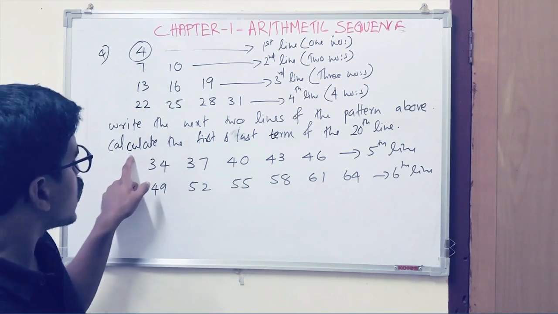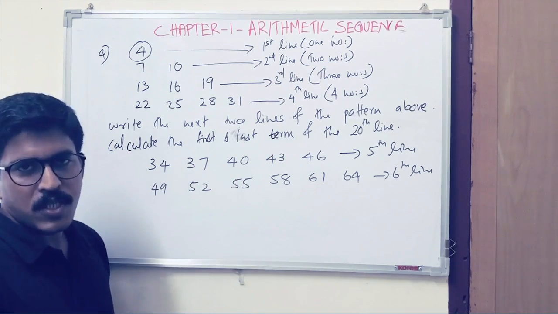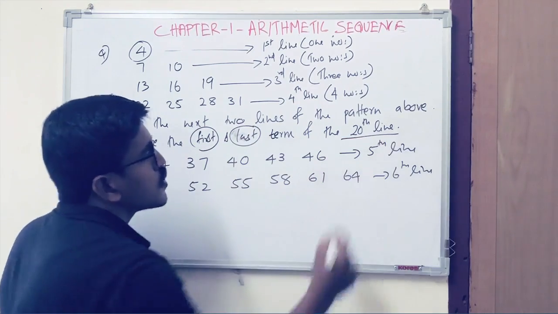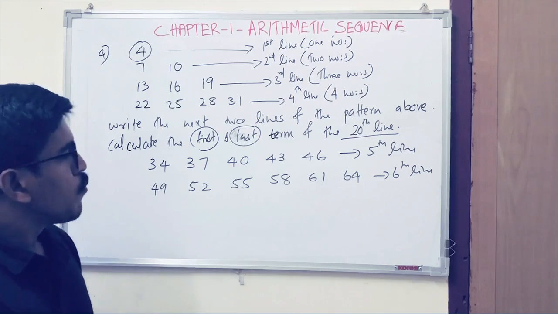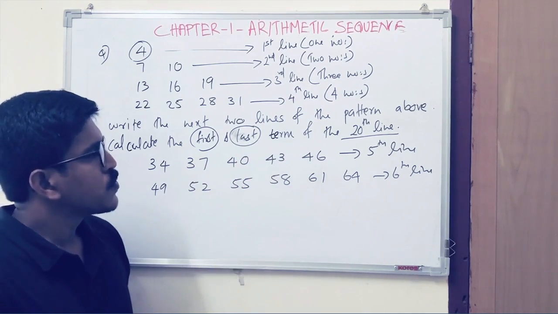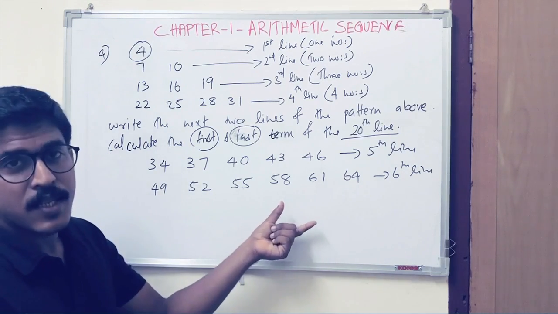Now we are moving on to the next question here. Calculate the first and last term of the 20th line. Before going to find out the first and last term, we need to know how many terms will be there till the 19th line.